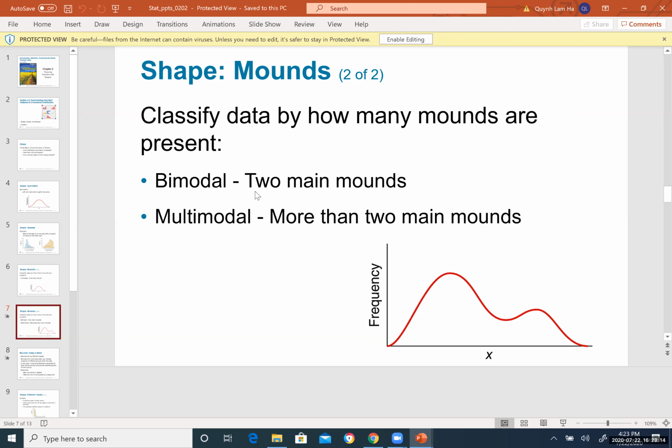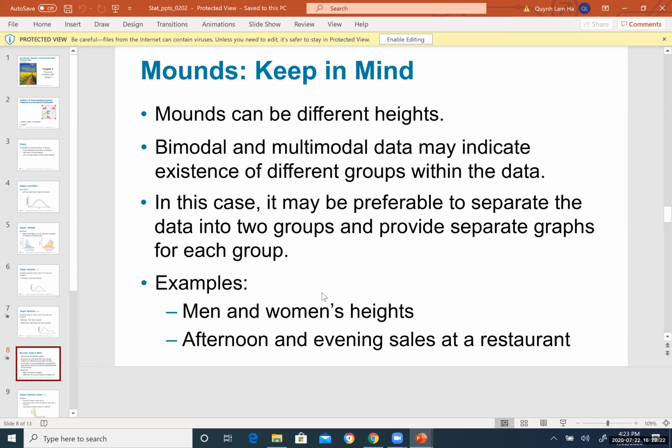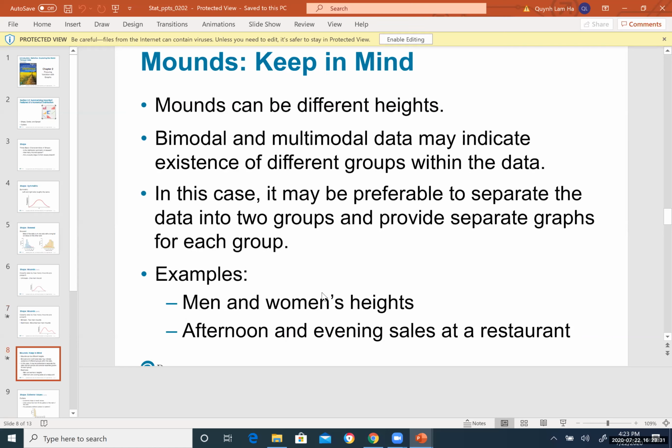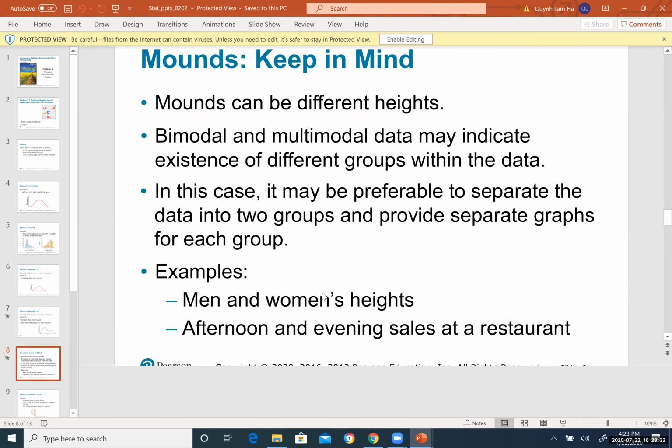Maybe you can see bimodal, but you're not going to do multimodal at all. So I just showed you how to look at the graph for skew, bimodal, and symmetry, and that is how you look at a graph and tell.